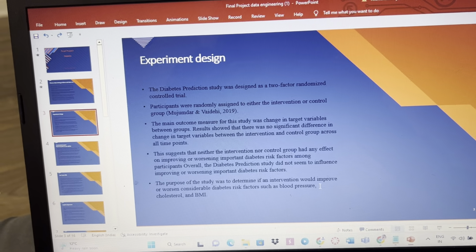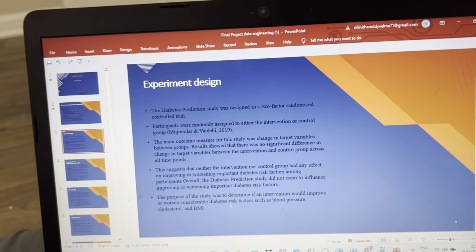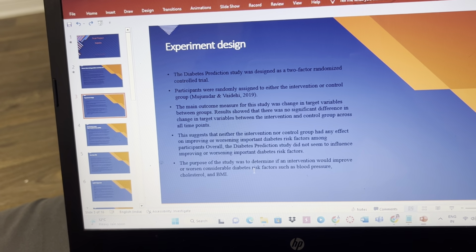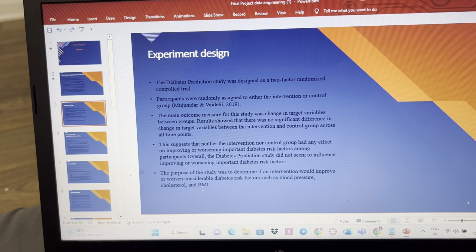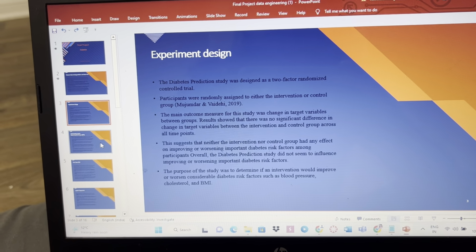Overall, the diabetes prediction study did not seem to influence improving or worsening important diabetes risk factors. The study was to determine if an intervention would improve or worsen considerable diabetes risk factors such as blood pressure, cholesterol, and BMI.